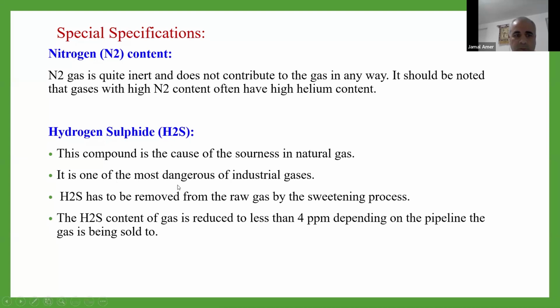It's one of the most dangerous industrial gases. H2S has to be removed from the raw gas by the sweetening process, and the H2S content of the gas is reduced to less than 4 ppm, depending on the pipeline the gas is being sold to.